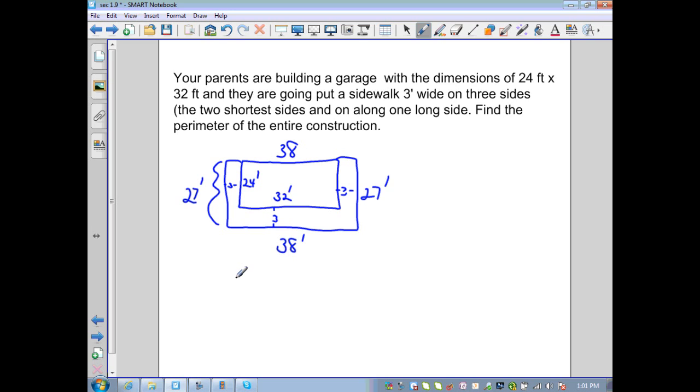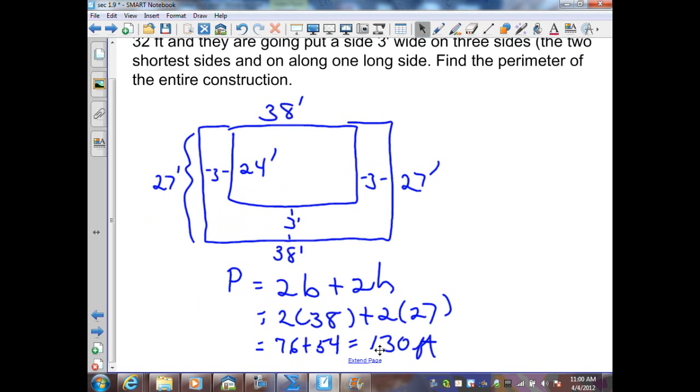So the perimeter would be P equals 2 times the base plus 2 times the height, which gives me 2 times 38 plus 2 times 27. And when I simplify, I get 130 feet.